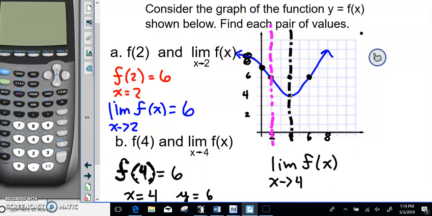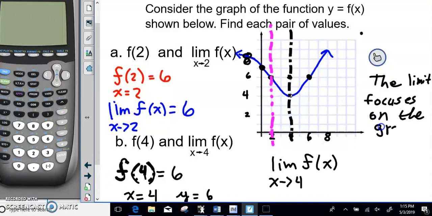Again, the limit deals with the graph. So it focuses on the function, that line, whatever is happening.